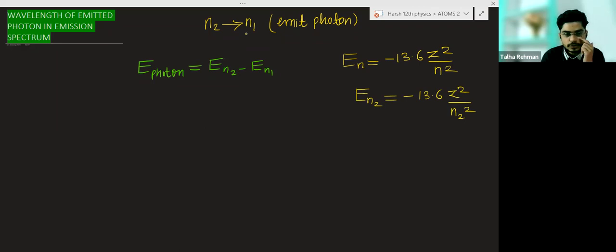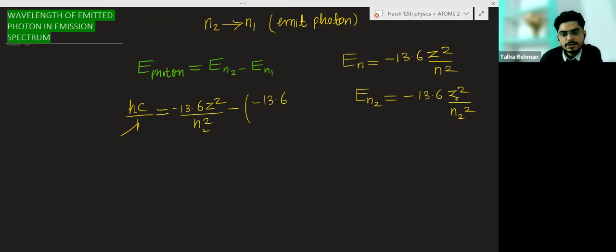So the energy of the photon can be written as hc by lambda, equal to minus 13.6 Z square divided by N2 square, minus, minus 13.6 Z square divided by N1 square.